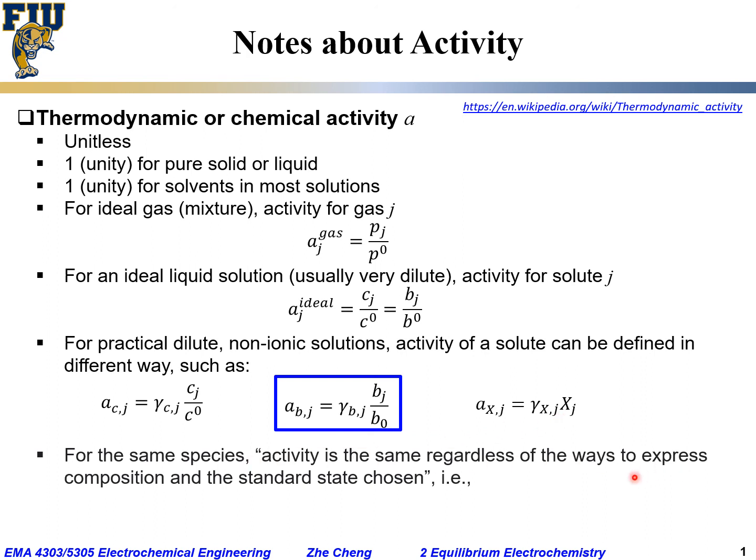No matter which way you choose to define the composition and the standard state, the resulting activity would be the same, whether you define it based on molarity, mole per liter, or molality B, mole per kilogram of solvent, or a mole fraction. Okay?